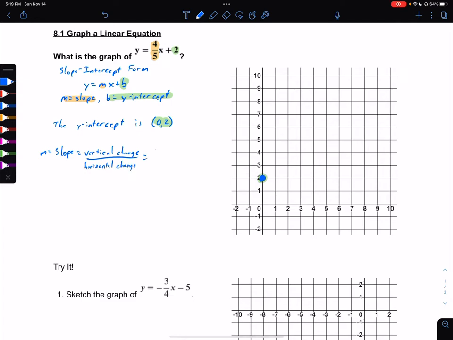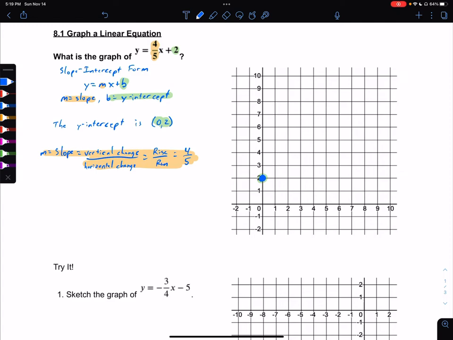You'll also hear that referred to as the rise and the run, which in this case is equal to 4/5.